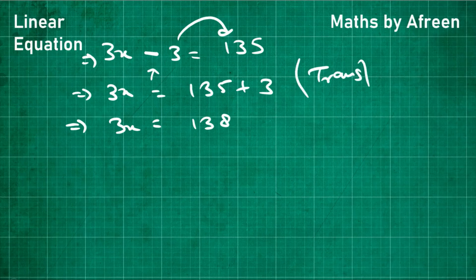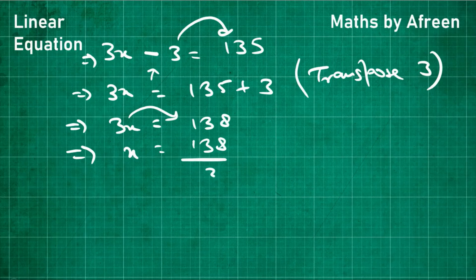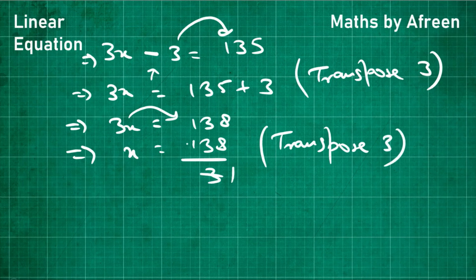Transpose 3 this time, 138 divided by 3. Now cancel this 138 by 3. 3 ones are 3, 3 4s are 12 and 3 6s are 18. That means the value of x is equal to 46.